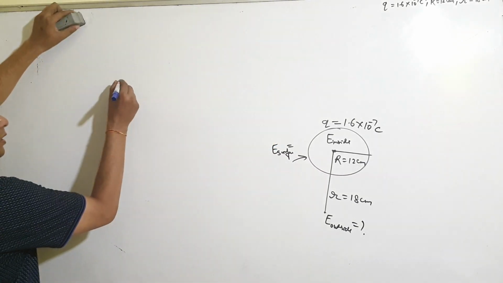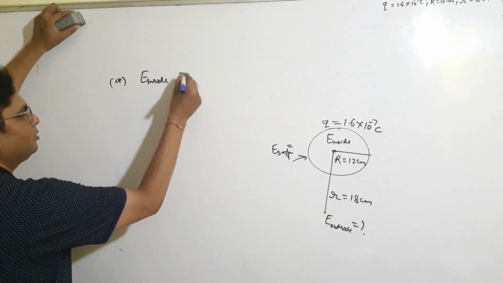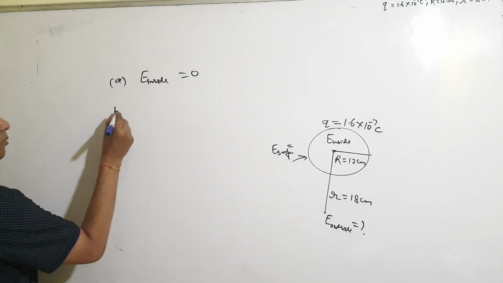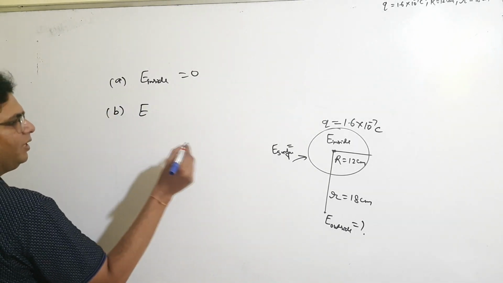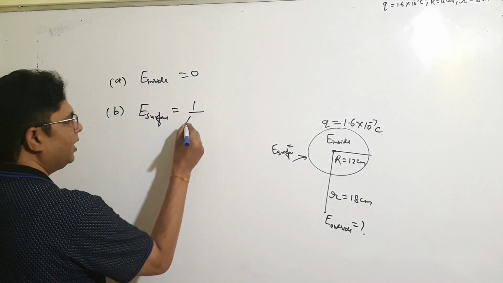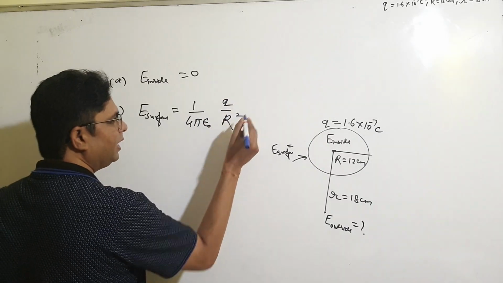So in part A, you know that electric field E inside is equal to 0. So electric field inside the charged shell is 0. Part B, electric field on the surface is equal to 1 by 4 pi epsilon naught, Q upon capital R square.